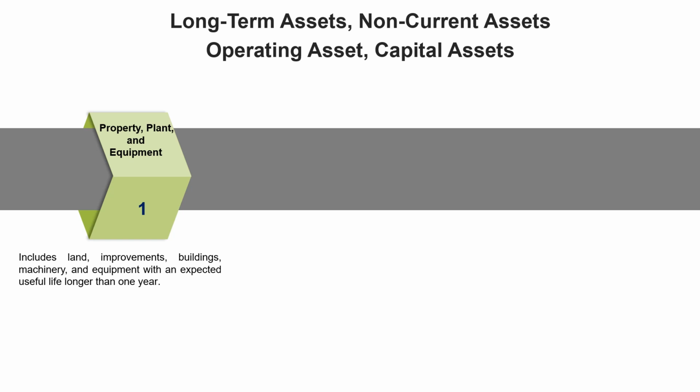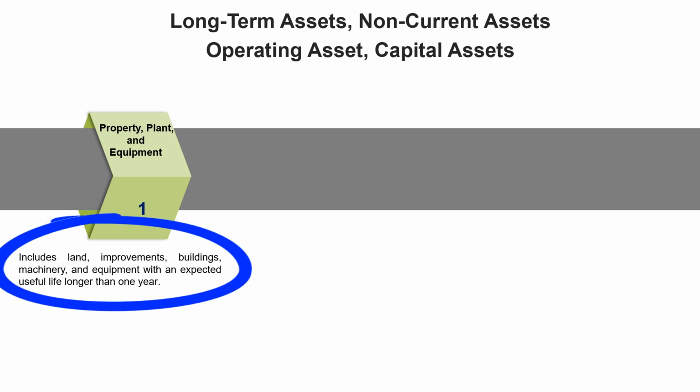Long-term assets basically fall into one of 3 categories. The first category is sometimes referred to as property, plant, and equipment. What we mean by property is land. When we talk about plant, we mean buildings used in the business. And equipment is equipment. So property, plant, and equipment is really land, buildings, and equipment. This includes land and improvements to land.